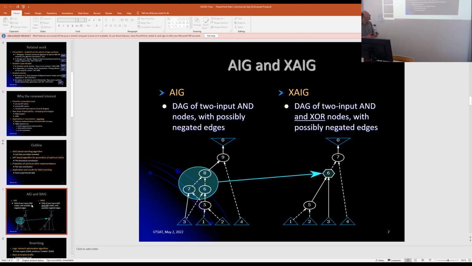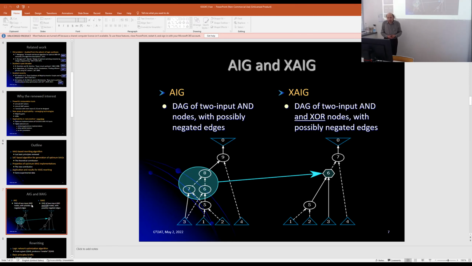We have in logic synthesis one of the really well established structures, so-called AND-inverter graphs, AIGs, which are acyclic graphs composed of just two-input AND nodes, and the edges might be negated. That's indicated by those dashed lines.